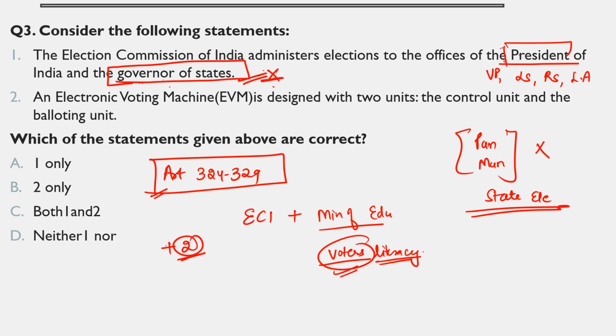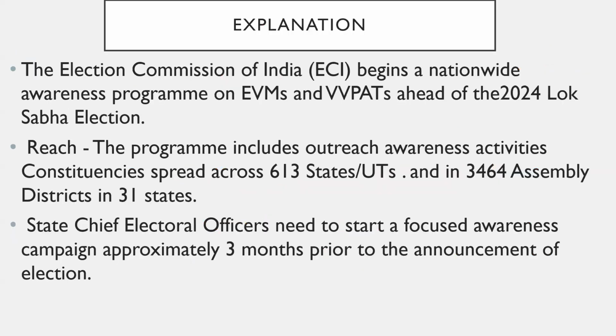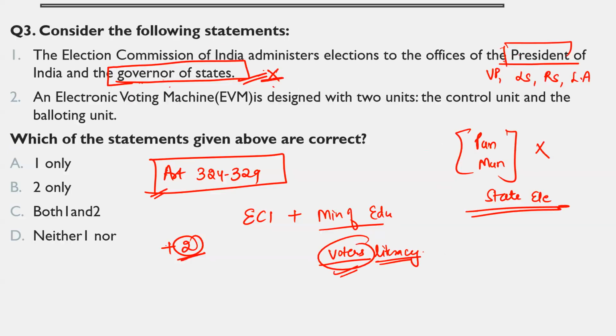And the process by which the Election Commission conducts the election is known as the electronic voting machine process. EVMs have been a game changer in this whole concept. Okay, so the second statement is related to EVMs. An EVM is designed with two units, so this statement is also correct.